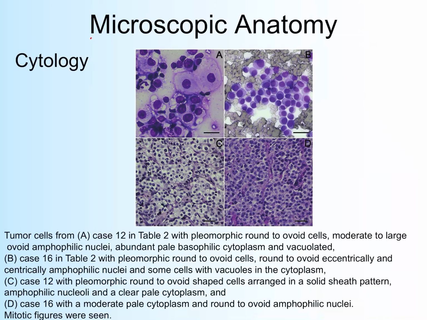So the word microscopic means that these structures are not going to be able to be seen with the naked eye, so you have to use a microscope. Cytology is the study of cells. So cyto is the prefix for cell. Ology is the study of, right? So this is the study of cells.